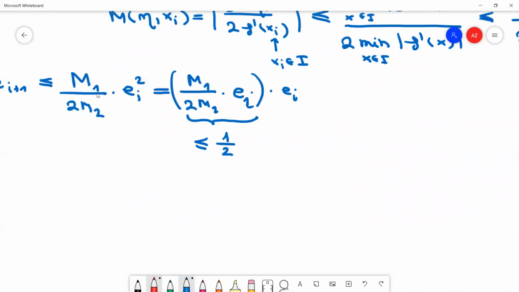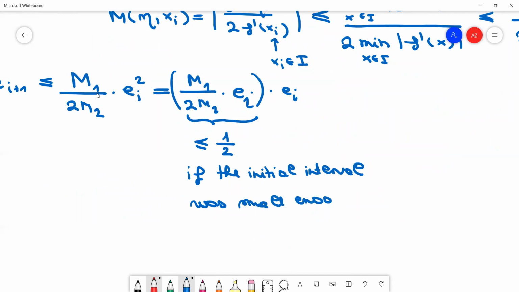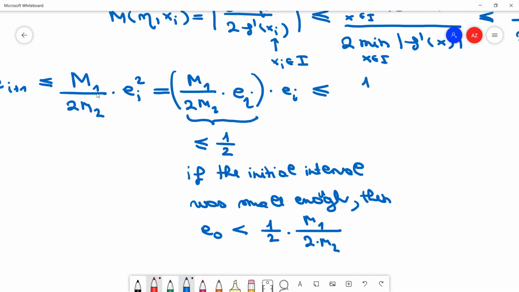So if the initial interval was small enough, then E_0 is smaller than 1/2 times m1 over 2 m2. And what does this mean? That E_{i+1} will be smaller or equal to 1/2 times E_i.